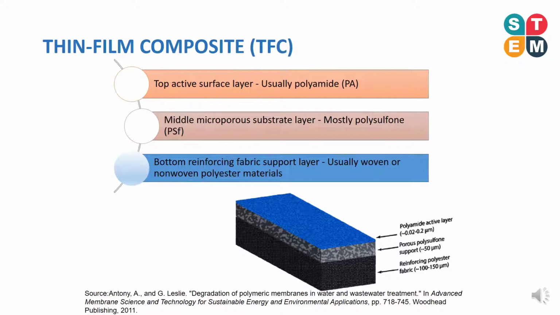As for the structure of a thin film composite membrane, there are three different layers. There is a top active surface layer, which is usually polyamide material, the second layer, the microporous substrate layer, which is mostly polysulfone material, and the third layer, the bottom reinforcing fabric support layer, which is usually woven or non-woven polyester material.